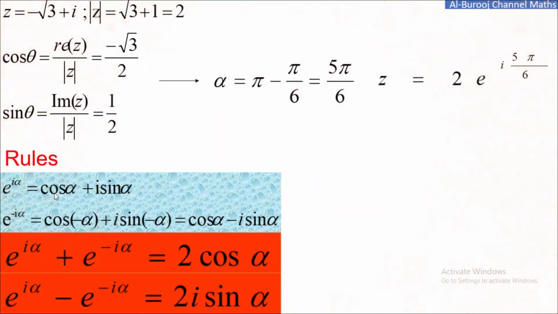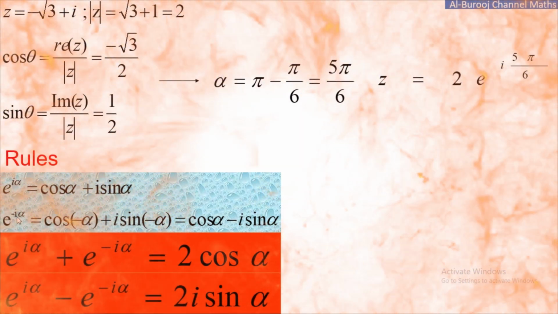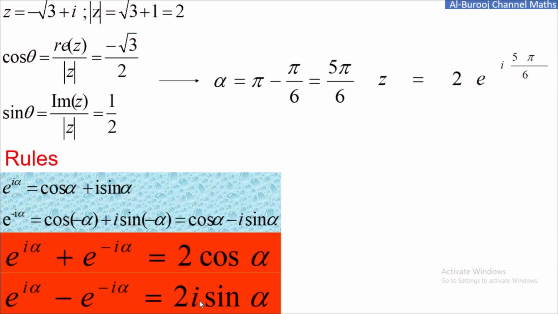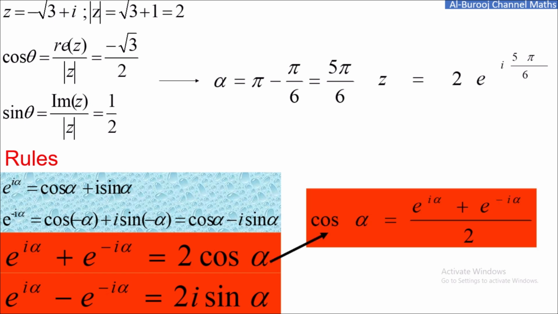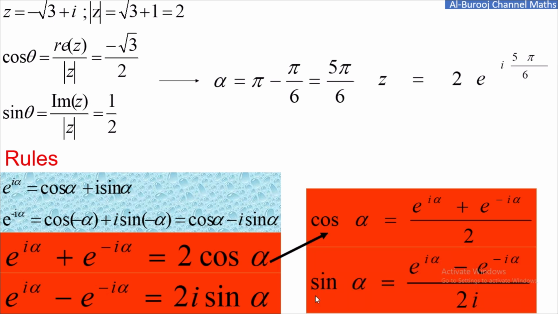And if we subtract e^(i alpha) minus e^(minus i alpha), we get 2i sine alpha. From e^(i alpha) plus e^(minus i alpha), we get cosine alpha equals e^(i alpha) plus e^(minus i alpha) over 2. And sine alpha equals e^(i alpha) minus e^(minus i alpha) over 2i.